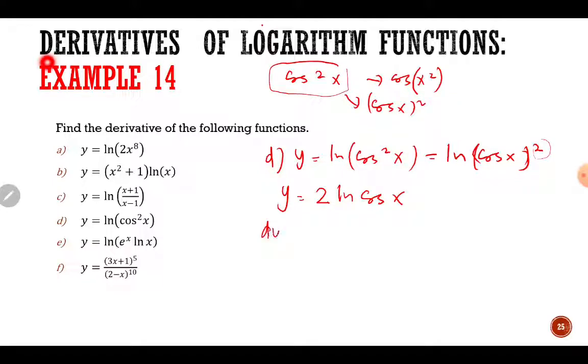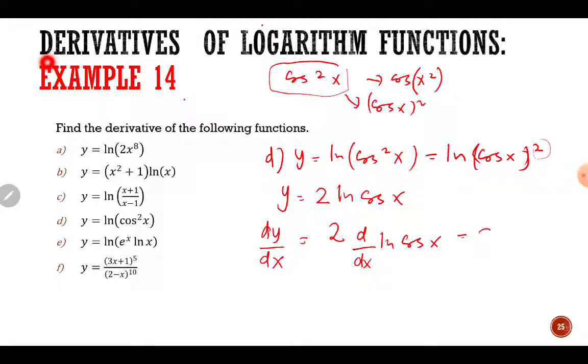Then daripada sini we're gonna have dy over dx equals to, it's much easier. 2 ni is a constant, you have to carry along and we want to differentiate ni. So maknanya dy dx ni maknanya 2 of d dx ln cos x. Okay, where 2 ni constant, you just have to tag along.